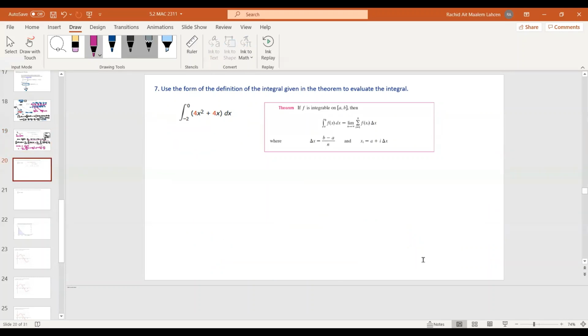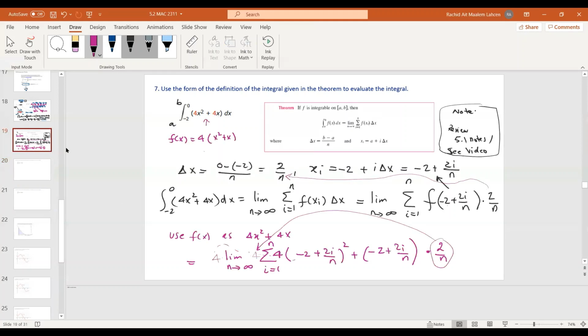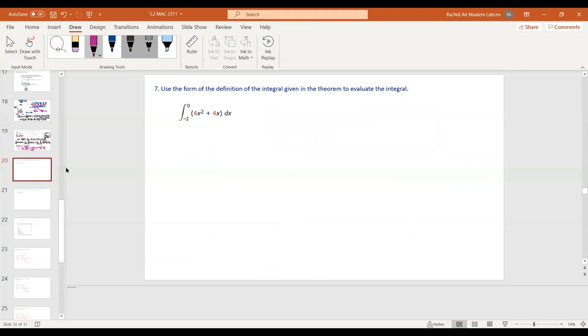We can remove this one now. As I mentioned, it's going to be a somewhat long problem, but it's okay because we need to understand what's happening with it. After this, we need to break down these parts. We need to multiply, and this one is just what it is. There is no multiplication.